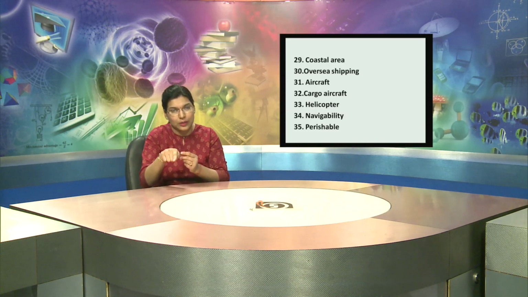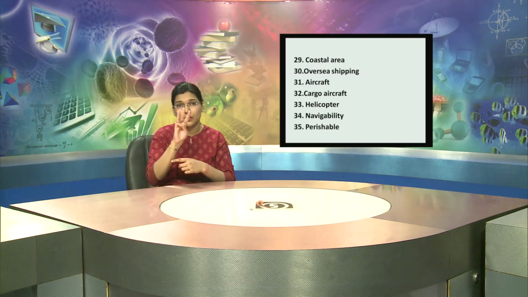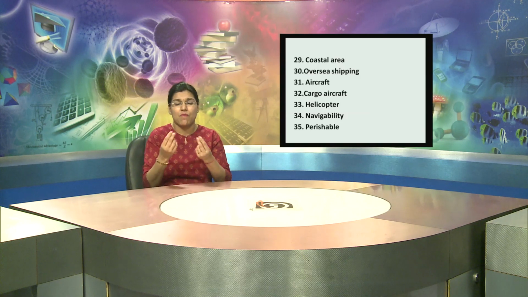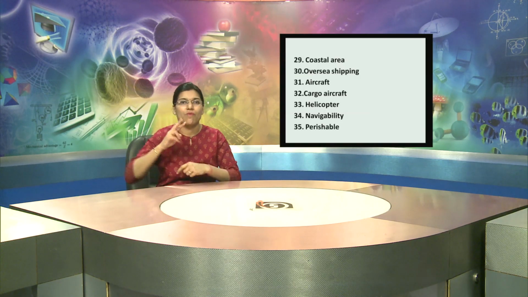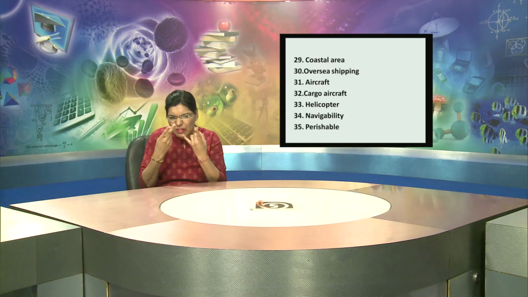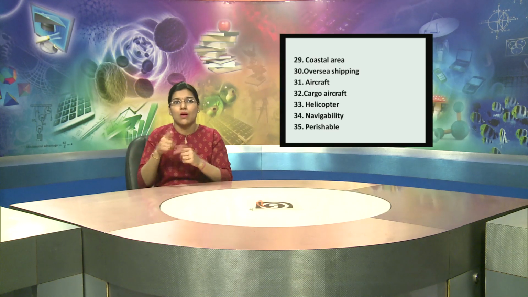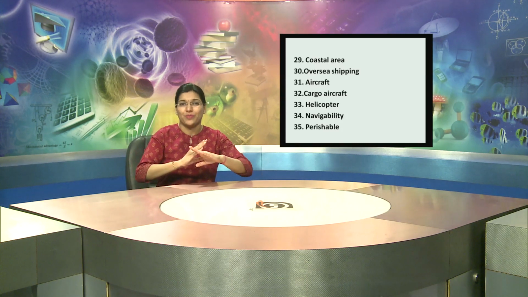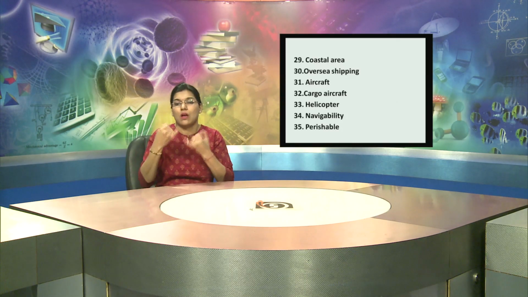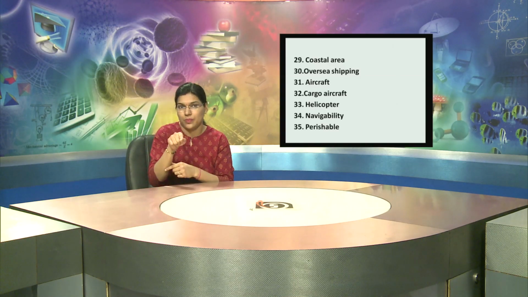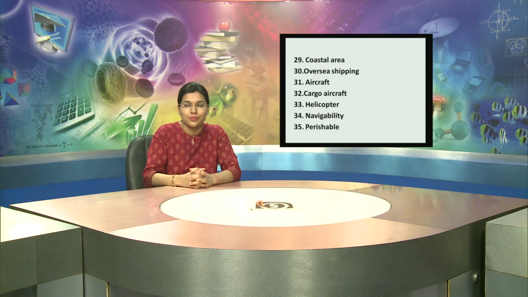The directions which are available in water are called navigability. 35th word, perishable, things which get bad fast. For example, tomato, if we don't put them in the refrigerator, they can get bad fast.